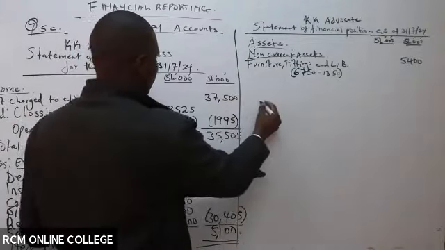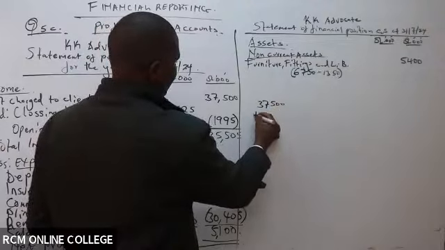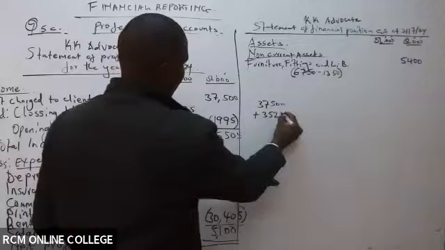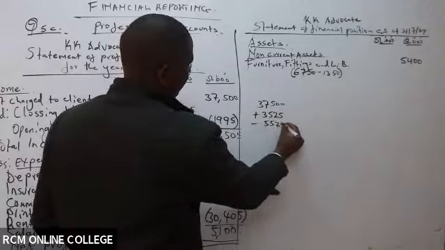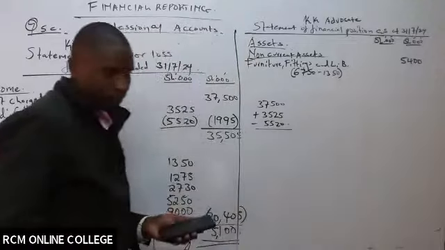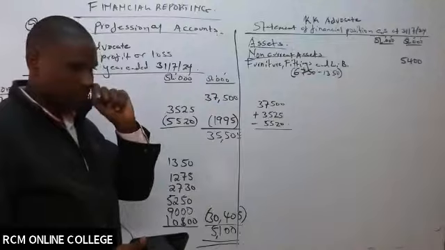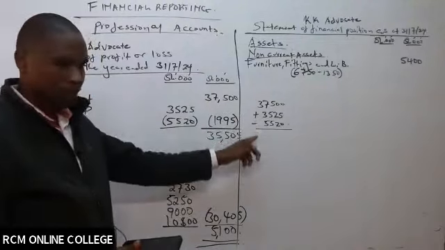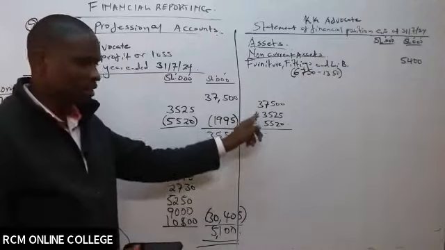It is the same way na kusema 37,500 plus 3525 minus 5520. Dorcas, ebu fanya hiyo. It will give you this. Just confirm. Hii kutoa hii ni same na kusema hivi.